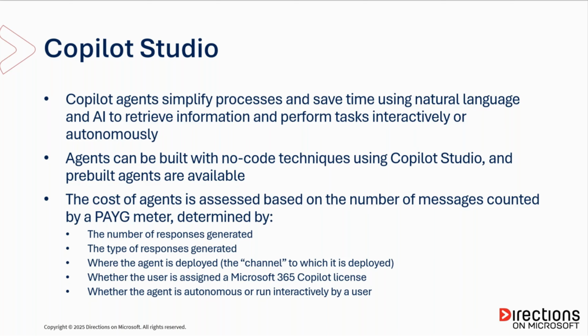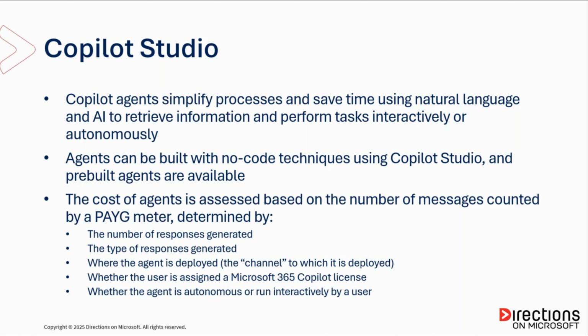These generative AI-driven assistants can perform tasks within focused domains, such as working with internal LOB apps and retrieving data from specific documents and databases. These agents can simplify processes and save time by retrieving customer-specific information and performing customer-specific tasks interactively or autonomously. They can be built with no-code techniques using Copilot Studio, and there are pre-built agents that Microsoft offers right out of the box.